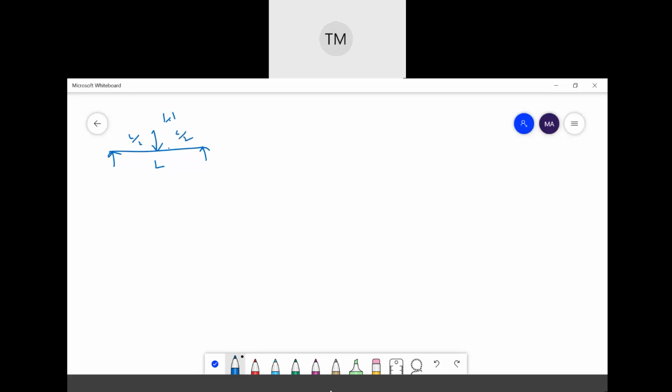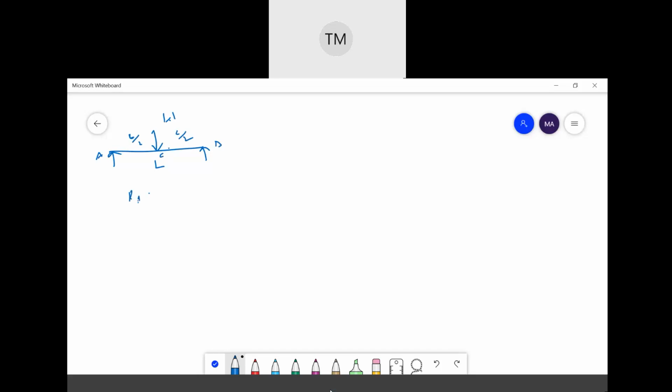The distance from A to B is L meters, A to C is L by 2, C to B is also L by 2, and the total distance is L meters. So what will be the support reactions?